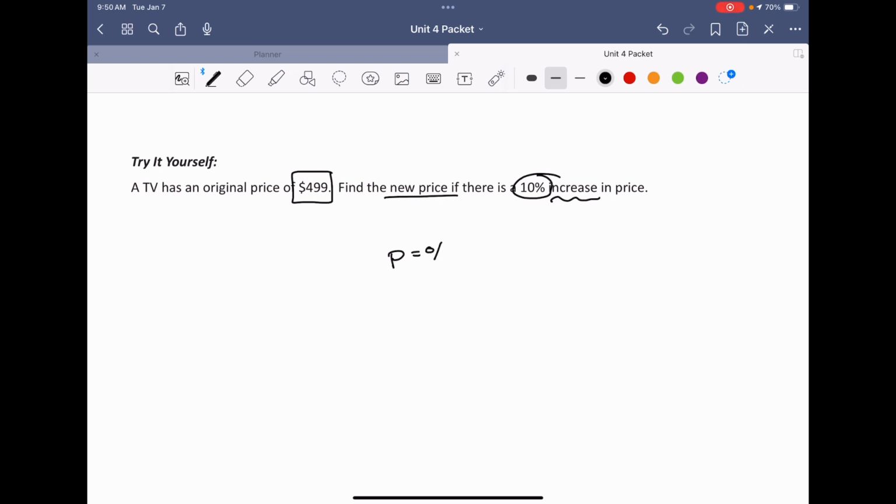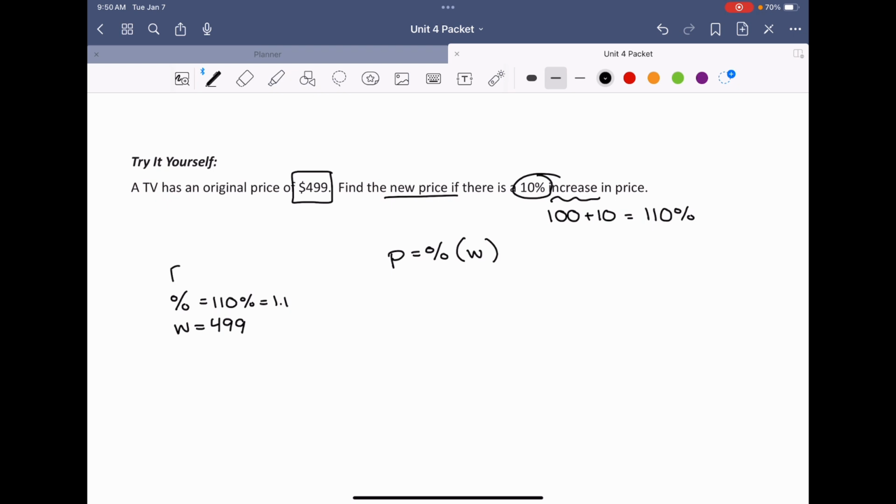All right, so we have an original price, so the whole amount of $499, a percent increase of 10%, so I'm going to add 10 to 100. It's going to give me 110%, which I need to change to a decimal, so 1.1.